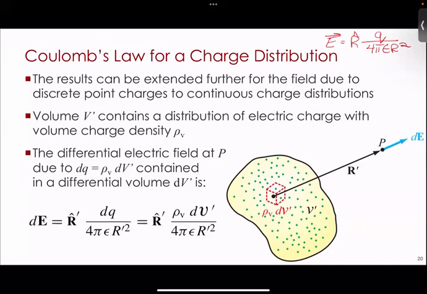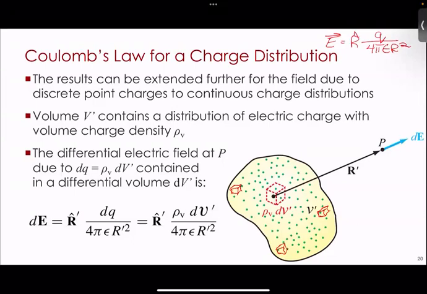Now you'll notice some primes here. We've got an r hat prime and we've got an r prime. The reason that's there is because just remember what we're doing. We're also later going to come up with another cube over here and then another cube over there, right? And one over here. All the cubes that make up the entire volume.